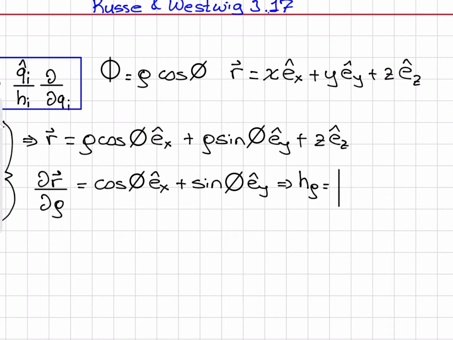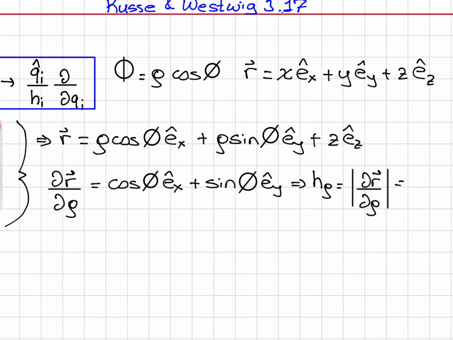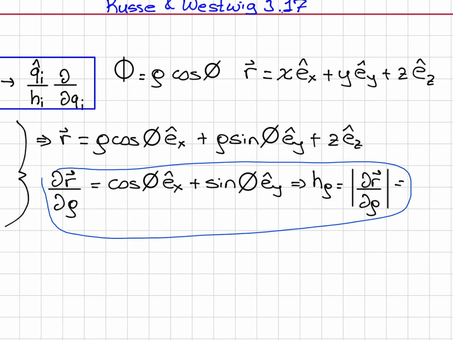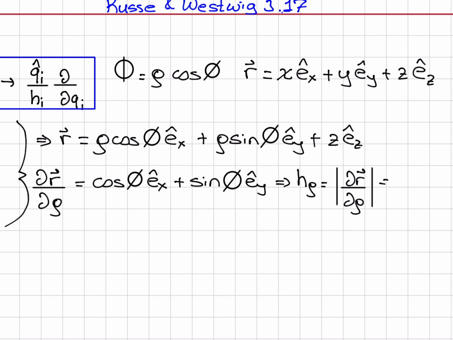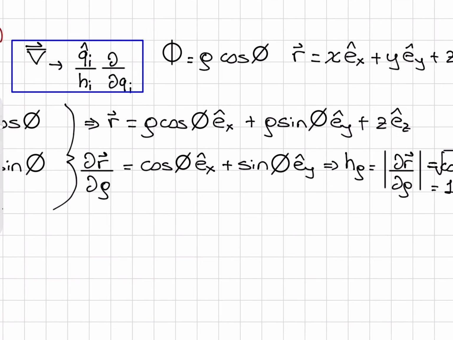It's the magnitude of del r del rho, and you can see that this is the square root of cosine square plus sine square. And that's simply equal to 1. So the scale factor is 1 for rho.